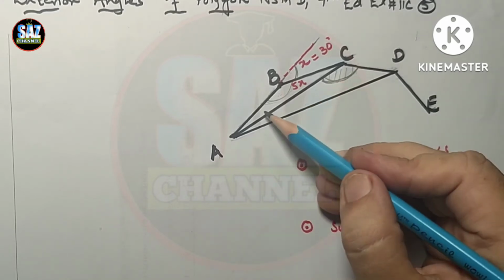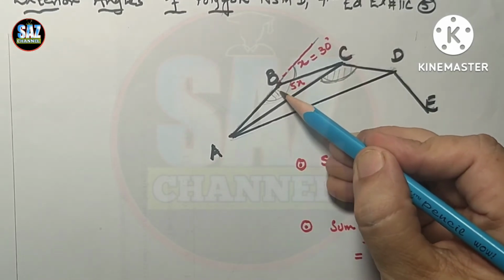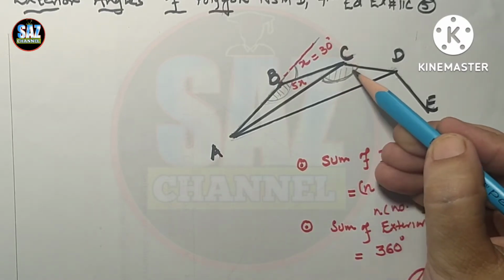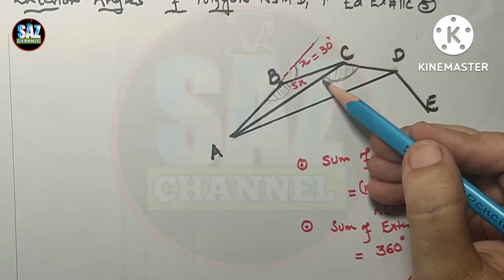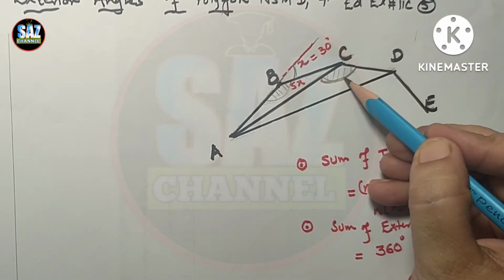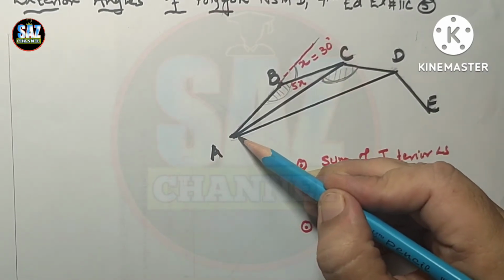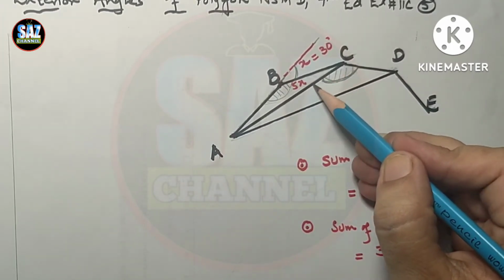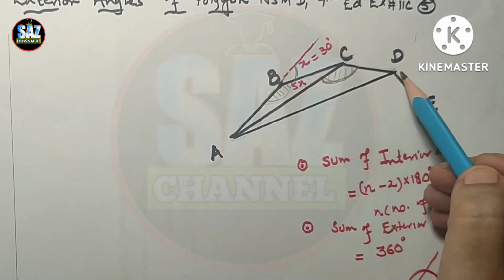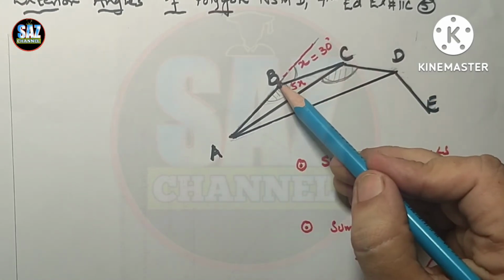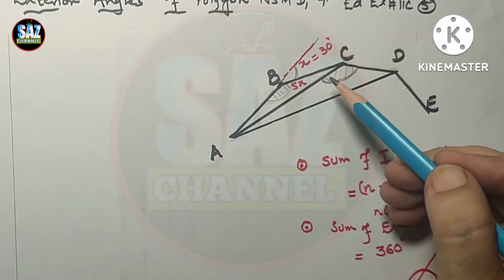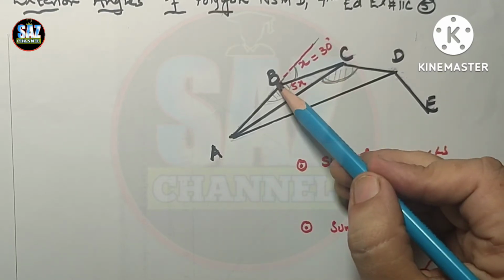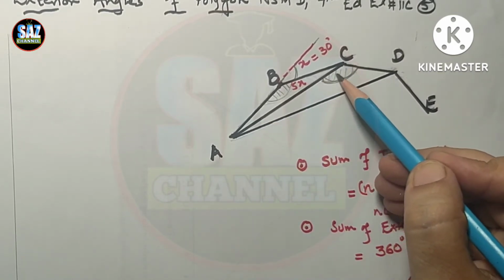Angle B is the interior angle of the 12-sided polygon, and angle C is also one of the interior angles of that polygon. So in order to find angle ACD, I need to know the size of angle BCD, and then the size of angle BCA. I need this portion of the angle only.